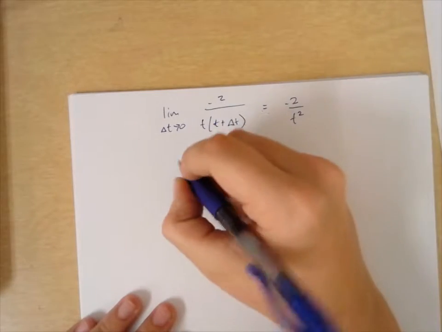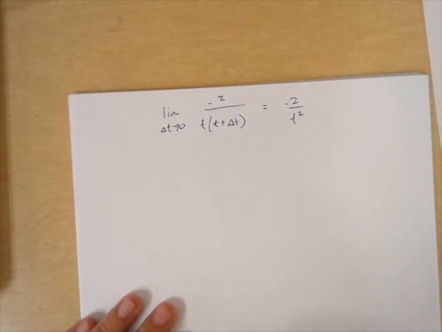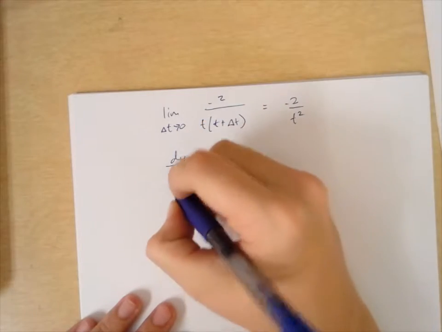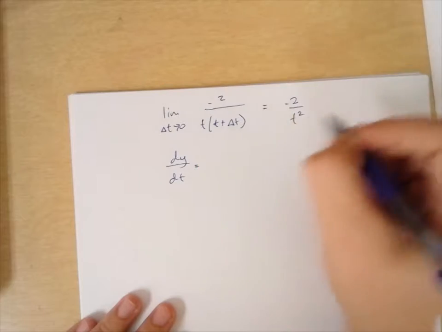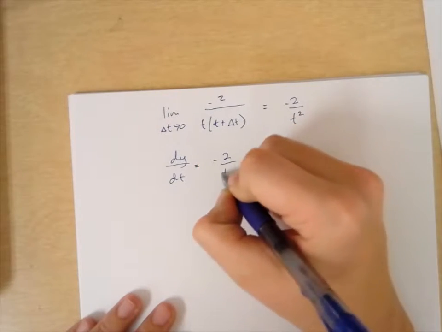So we found that our derivative of y with respect to t equals negative 2 over t squared.